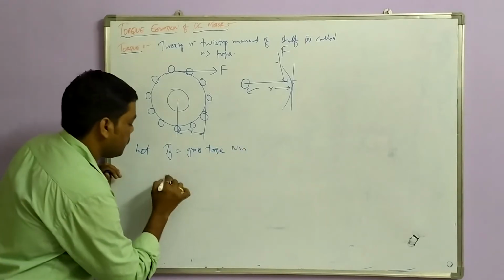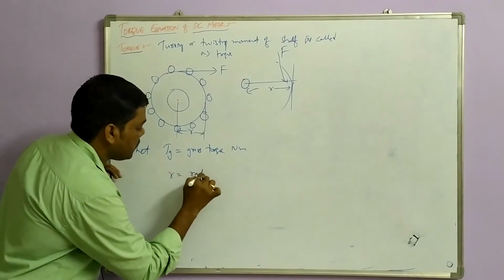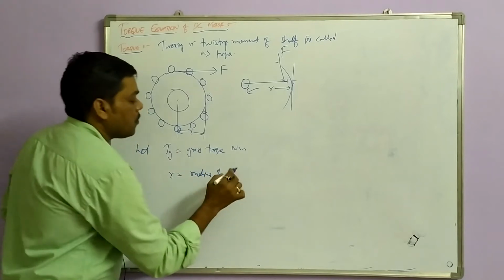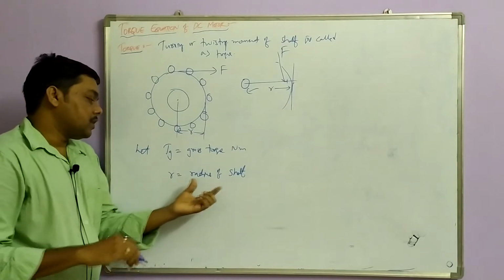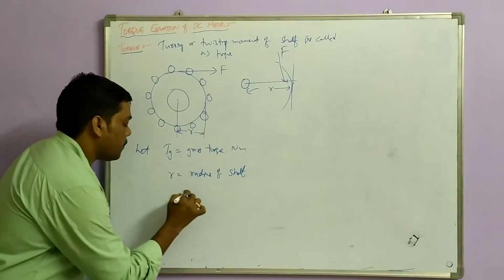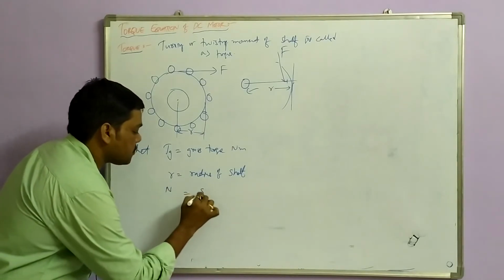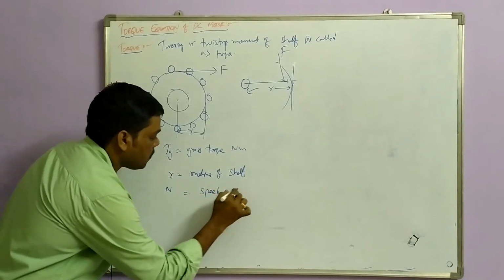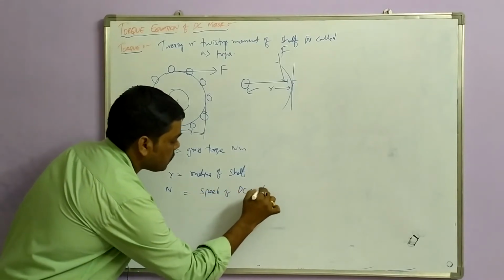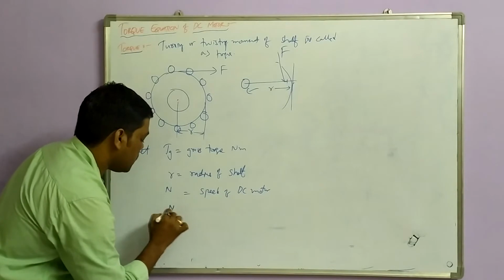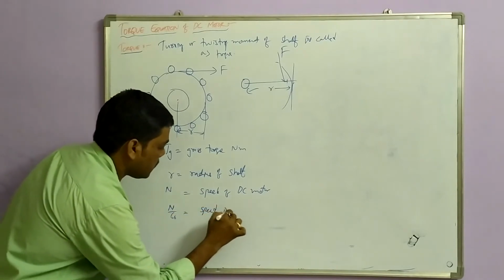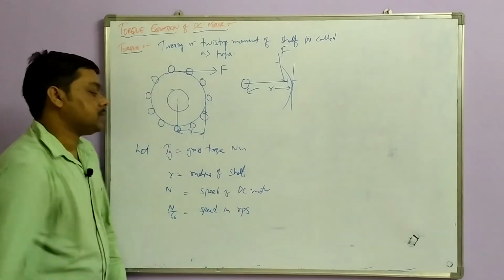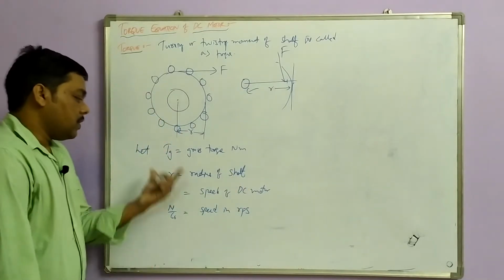Next, r is the radius of the shaft. Next, N is the speed of the DC motor, and N by 60 is the speed in RPS.